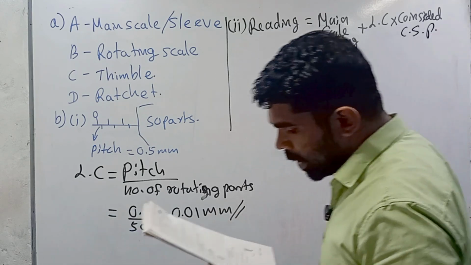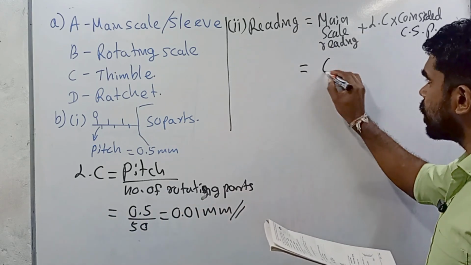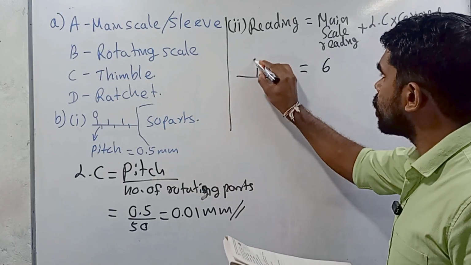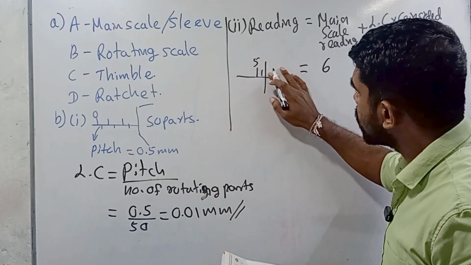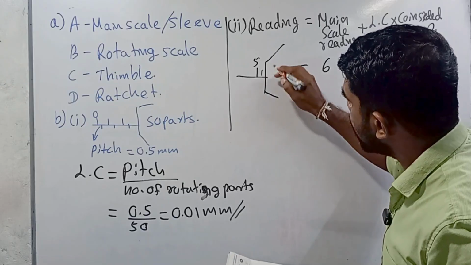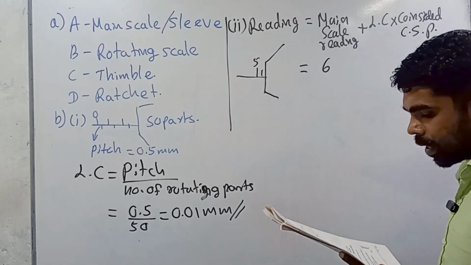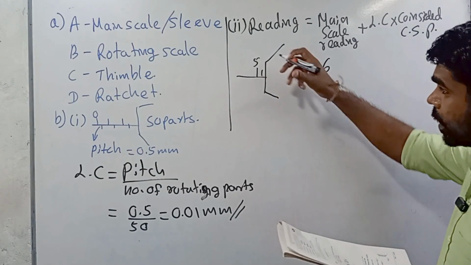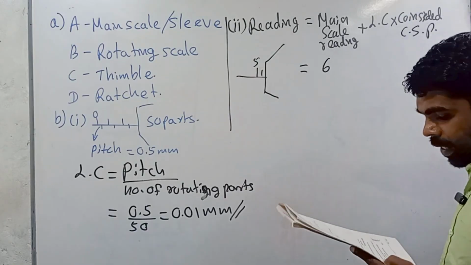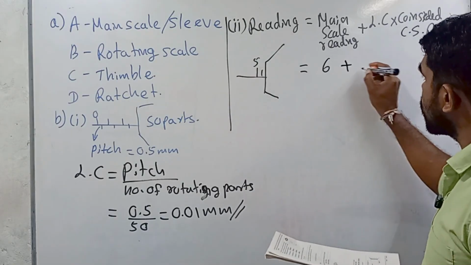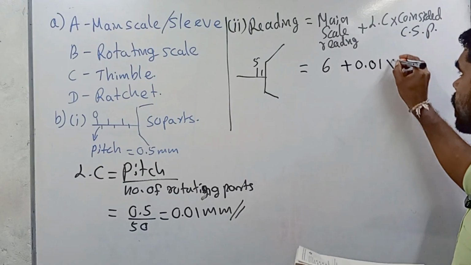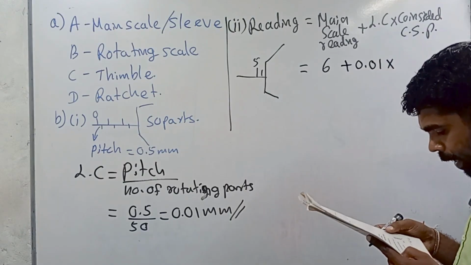Main scale reading is 6 millimeters. We can observe 5, 6 and then we can identify the circular scale like this. Then main scale reading is 6 plus least count 0.01 into coincided circular scale part.